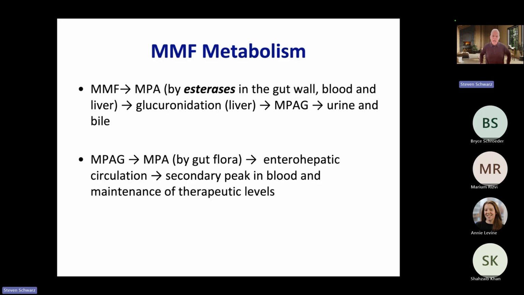MMF is metabolized by esterases in the gut wall, and it undergoes an enterohepatic circulation. Because the glucuronide is reverted to mycophenolic acid by gut flora, there's a secondary peak in the blood. So again, one has to be mindful of this when monitoring drug levels.